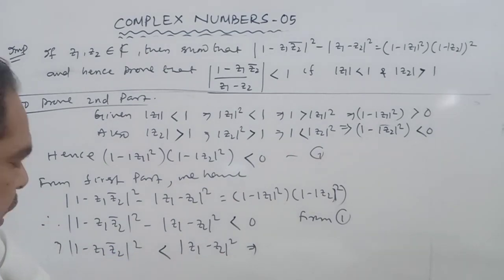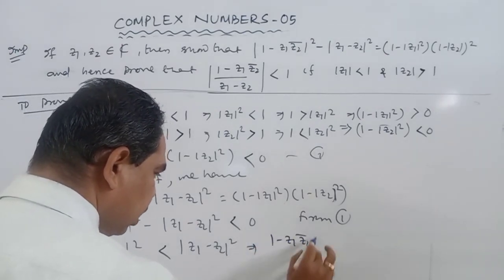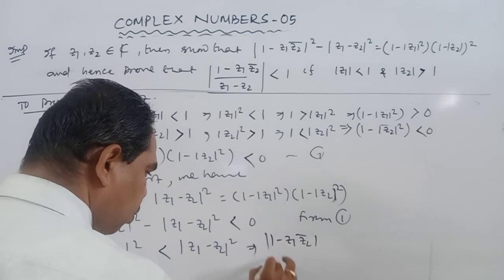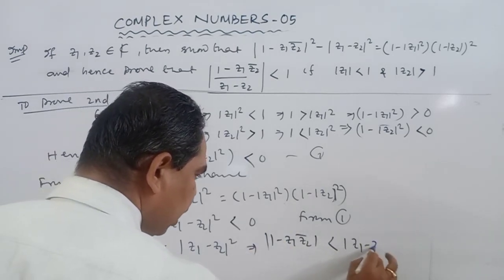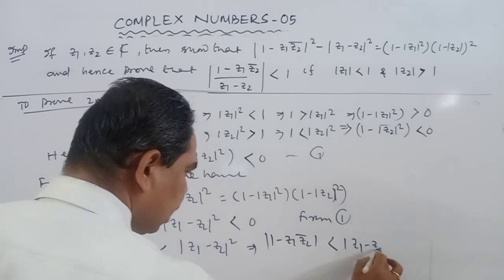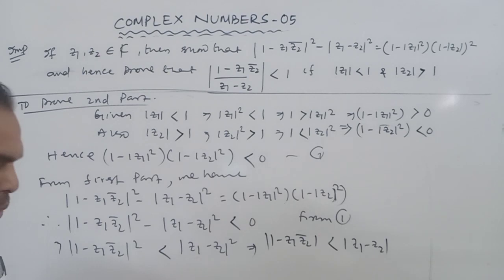Okay. So it implies mod of 1 minus z1 z2 bar is less than mod of z1 minus z2, taking the positive square root. Okay.